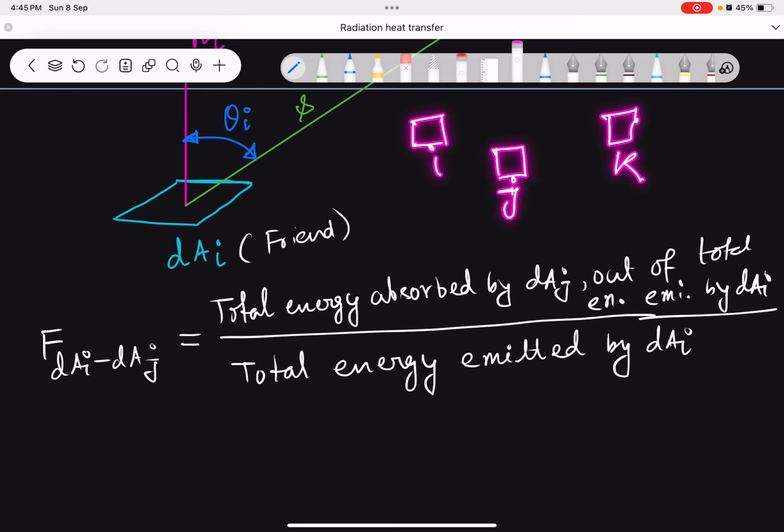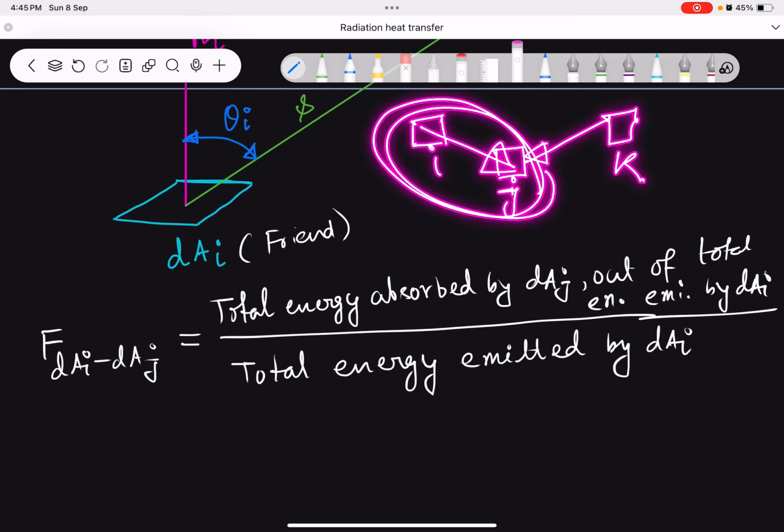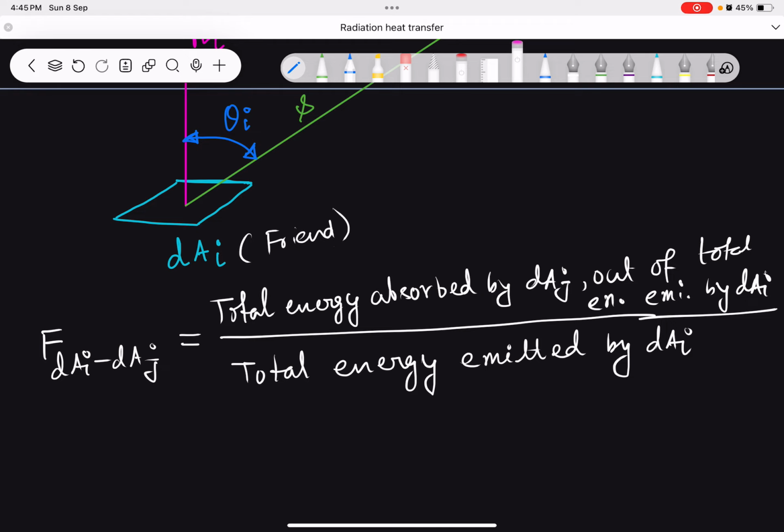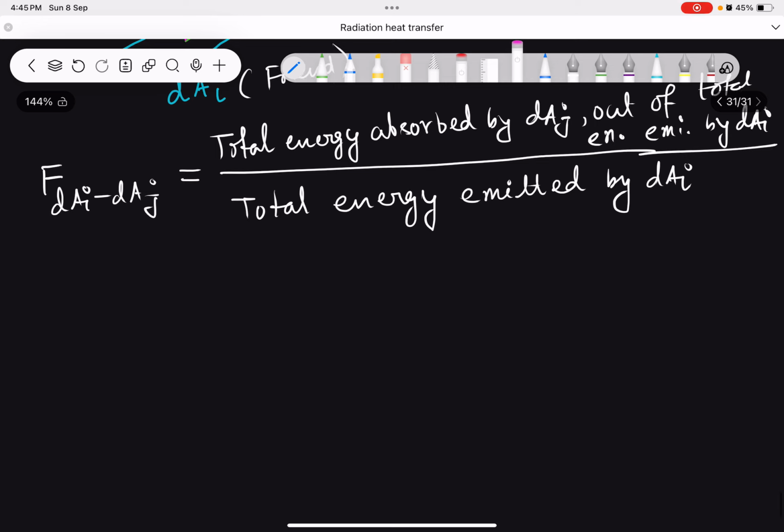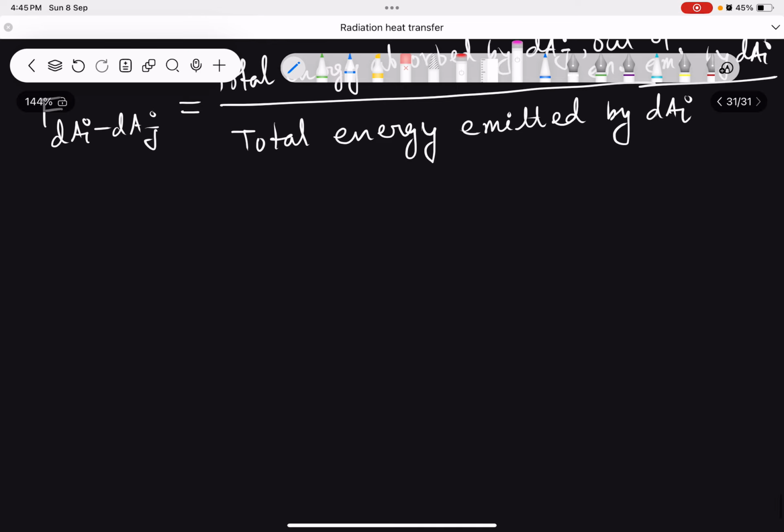You can cheat in the examination from k also and from i also, but I am talking about this pair, that is, how much can you cheat from your friend i? That fraction.